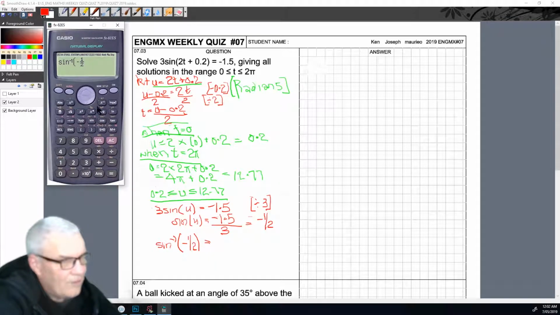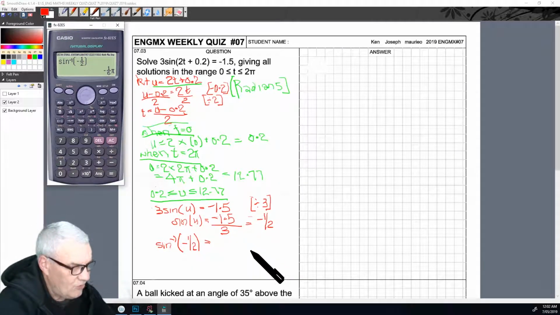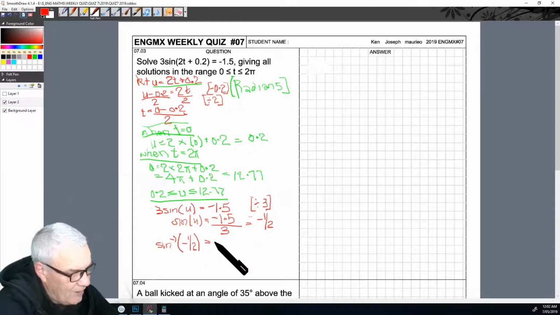And close the bracket, equals negative 1/6 pi, which we can write as negative pi by 6.